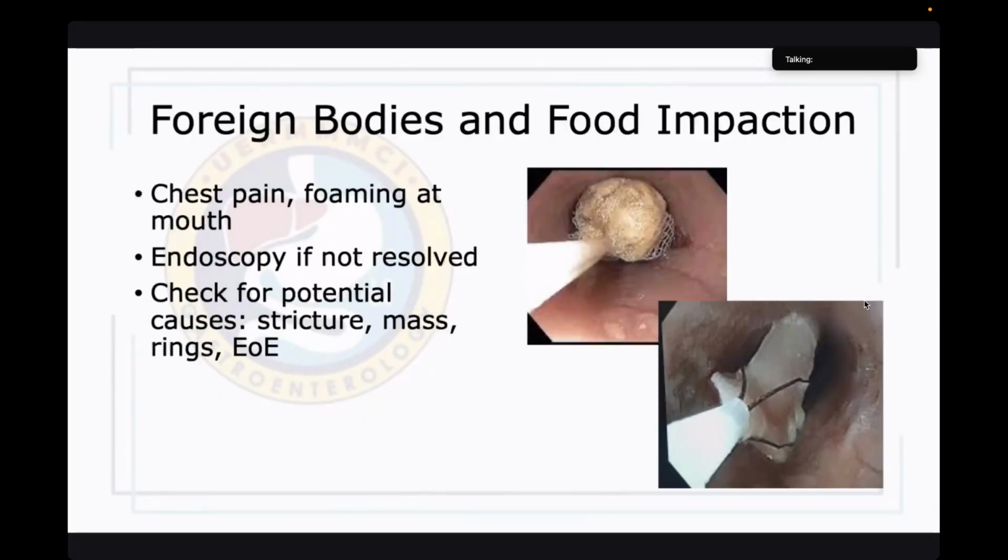So after endoscopy, it is warranted to check for possible causes. We have to check if there are areas of narrowing such as strictures, and we have discussed also the natural constriction on the mid-esophagus, but sometimes there can be narrowings or strictures due to other causes like benign strictures, maybe masses, or eosinophilic esophagitis.